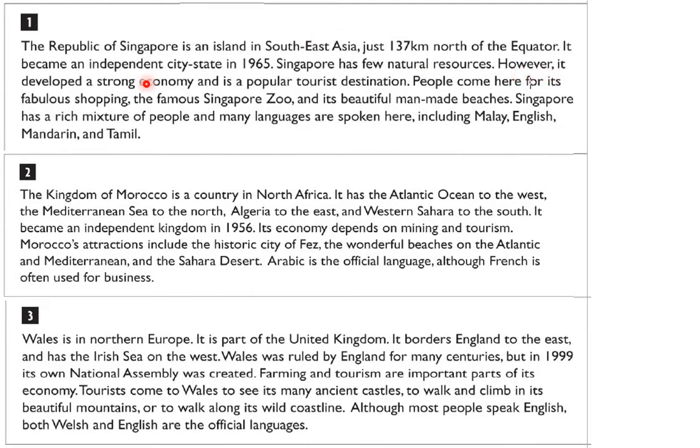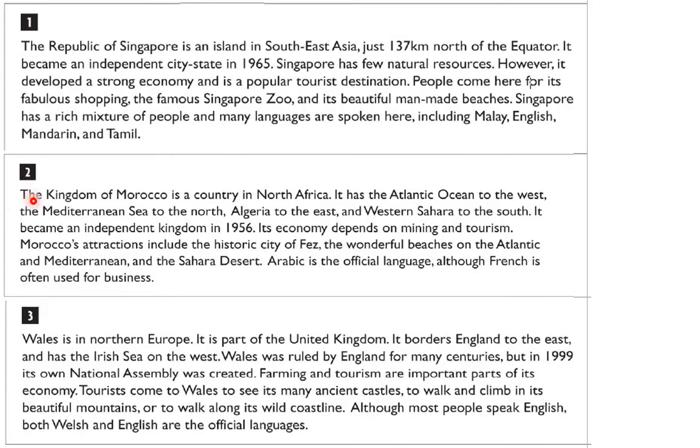However, it developed a strong economy and is a popular tourist destination. People come here for its fabulous shopping, the famous Singapore Zoo, and its beautiful man-made beaches. Singapore has a rich mixture of people, and many languages are spoken here, including Malay, English, Mandarin, and Tamil.